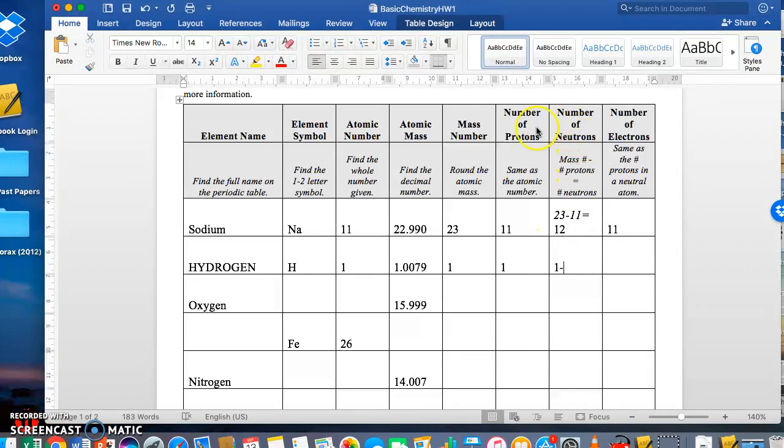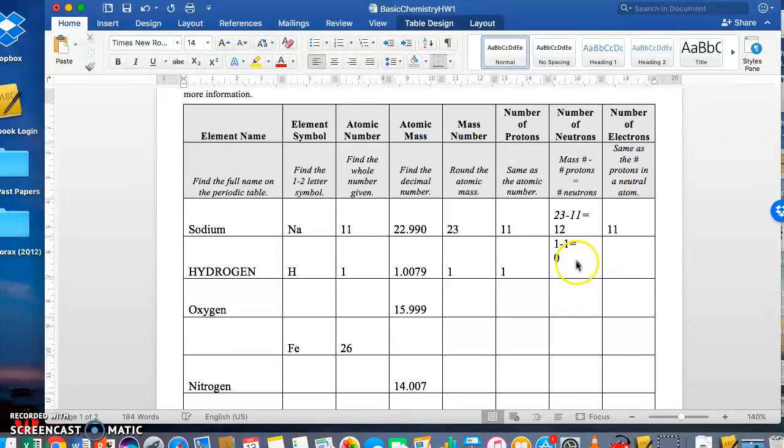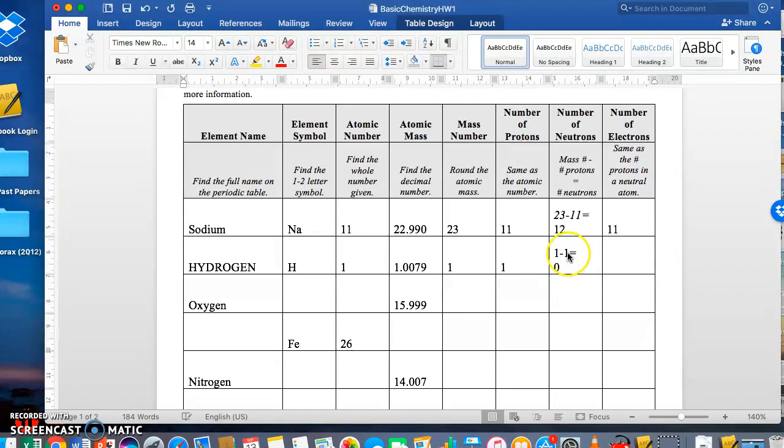I have 1 proton. So if I take 1 mass unit and subtract that 1 proton, what do I get? 1 minus 1, so 0. So I'm going to type in 0. I like the way it's set up there. It's a little bit more clear. So 1 minus 1 equals 0.